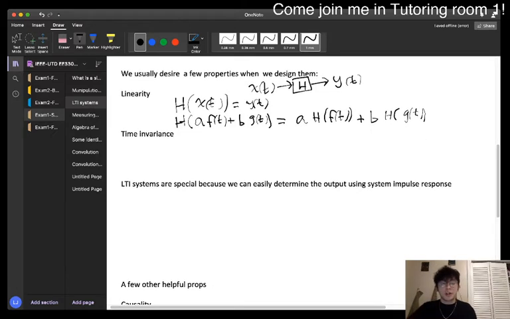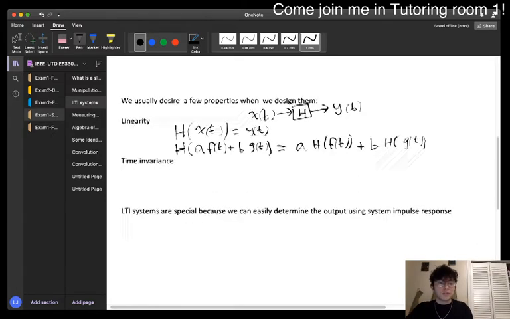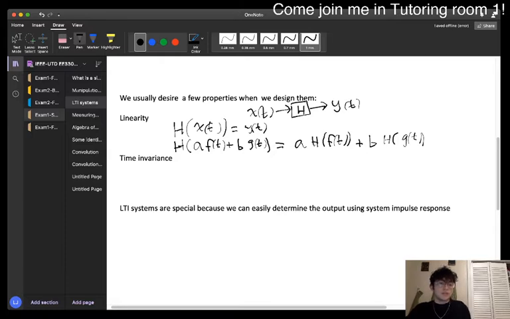And then another property that's important for the class of systems that we're going to define is time invariance. What this means is that if we have x of t, and we know that this gives us y of t, then if we shift the input, so we have x of t minus tau for some tau, a shifted input is going to give us the same output, but shifted by the same amount.